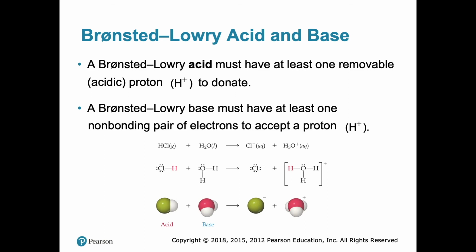We call things like hydrochloric acid an acid, but really, hydrochloric acid is hydrogen chloride gas, and it doesn't act like an acid until you mix it with some water and it makes the hydronium ion. That's what makes it acidic. So by virtue of the fact that you see HCl there, don't think that it's immediately an acid. It's got to go and make the hydronium ion for it to become an acid.